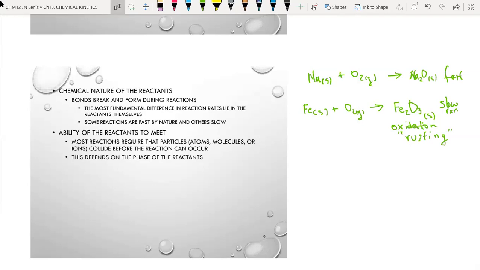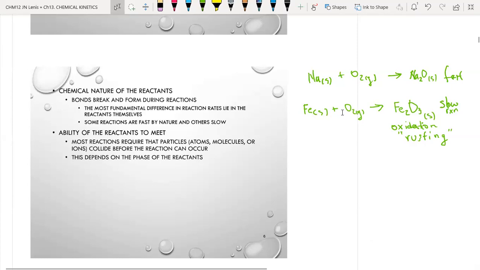So you see, the speed of the reaction depends also on the nature of the reactants. Some by nature are very reactive and they go through very fast reactions. Others go very slow. Like for example, the firework uses materials that go very fast.